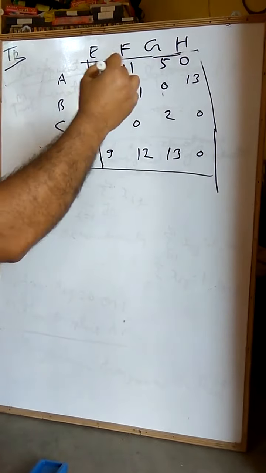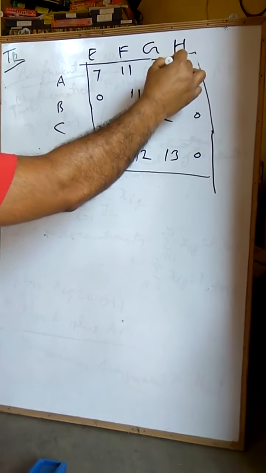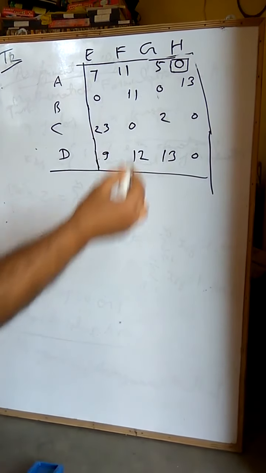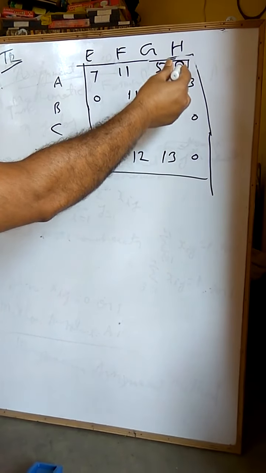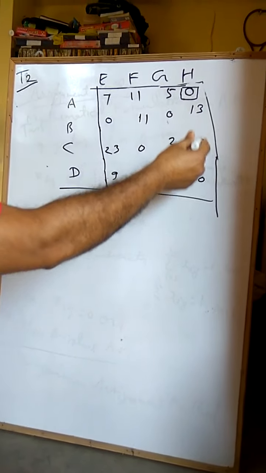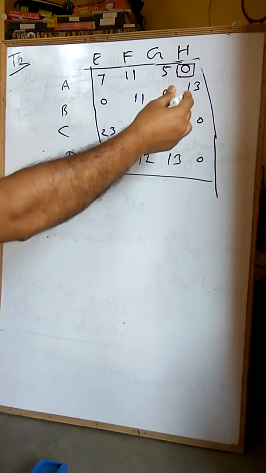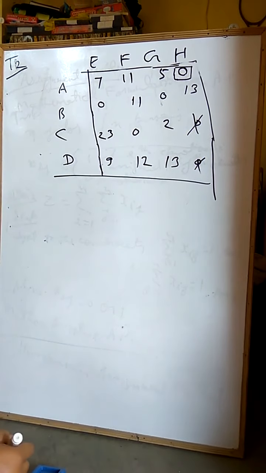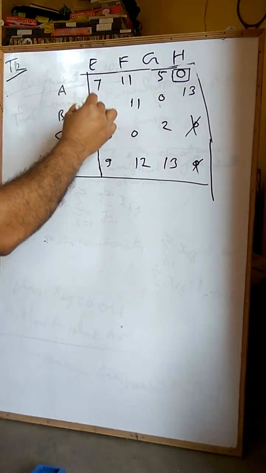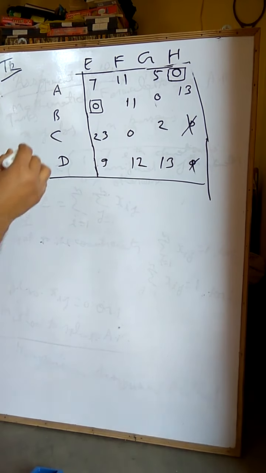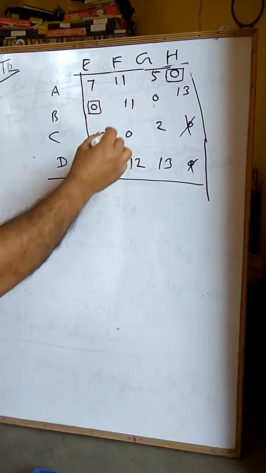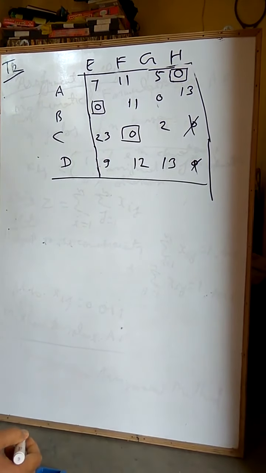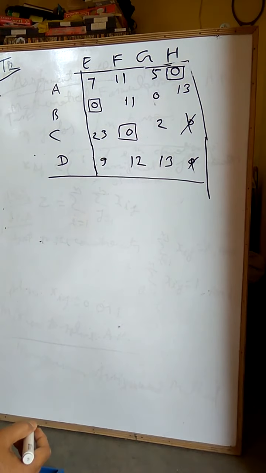So now we will make the assignment. This is the first row, assign this zero here, and as the Hungarian method says, for all the rows with an assigned zero, all the other zeros will be crossed out. So we will cross this one and this one. Now go on to the second row, this we will assign. Go on to the third row, this is an assigned one.